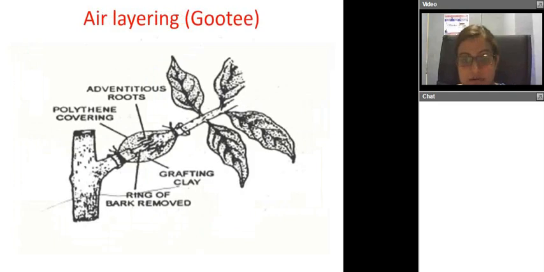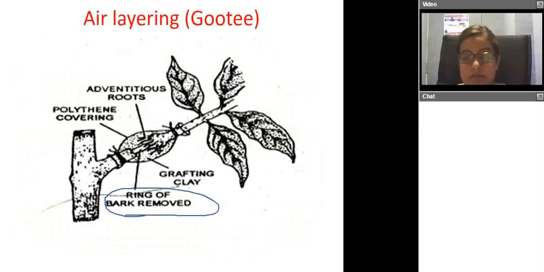Next is the process of air layering or rooting. What happens in this process is, again, in one part of the branch, the outer bark is removed. It is then covered by grafting clay, and it is enclosed in a polythene bag.